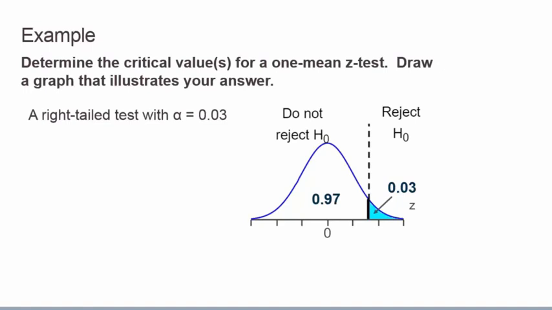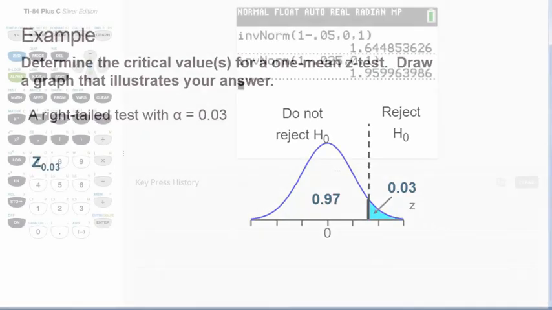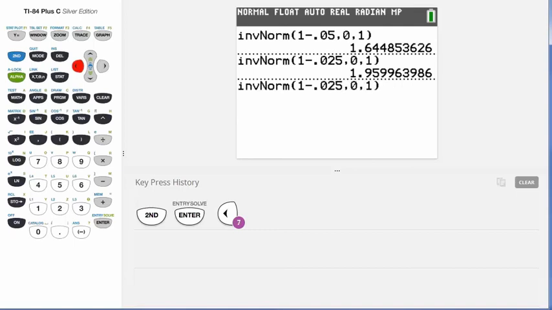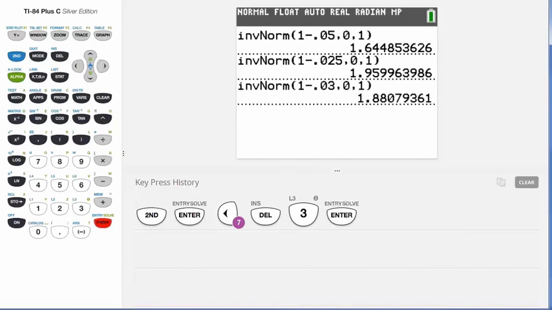I want to find z sub 0.03. Go to our calculator. If I follow the definition, second, enter, I want to find 1 minus 0.03. Delete 3, enter, and I get 1.88.